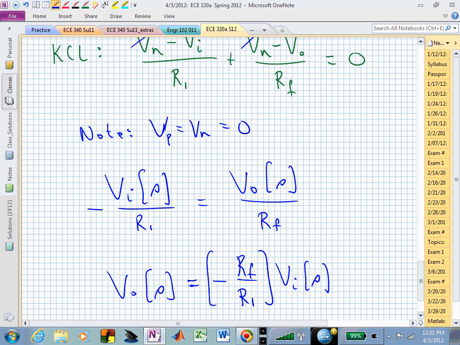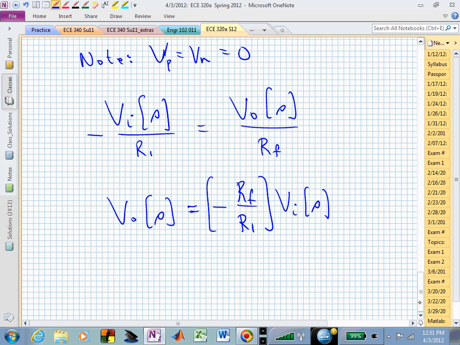That's my inverter behavior for that. And that could be my transfer function if I wanted to say, oh, my second circuit now has a transfer function of capital H sub 2 of S.